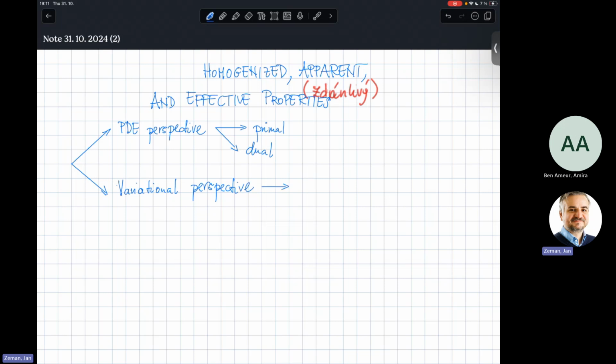And again, I introduced the primal and dual thing, so primal and dual.